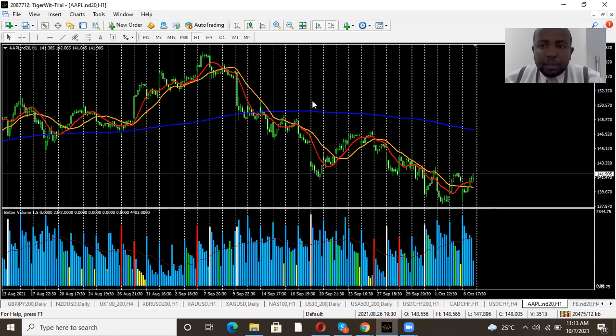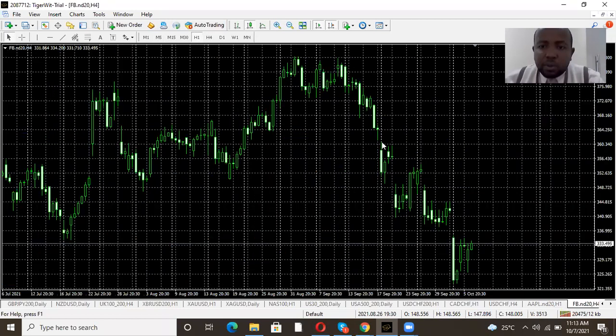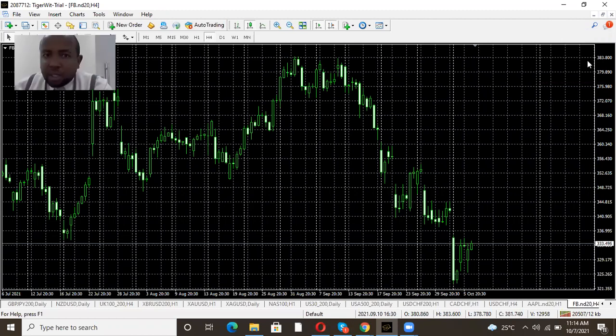If you're using Facebook, I also have Facebook here. Remember there was a crash, was it Monday? I don't remember the day, but this week Facebook experienced an outage whereby everything went down. You can see the stock price went down, almost from 383 to 325 per share.